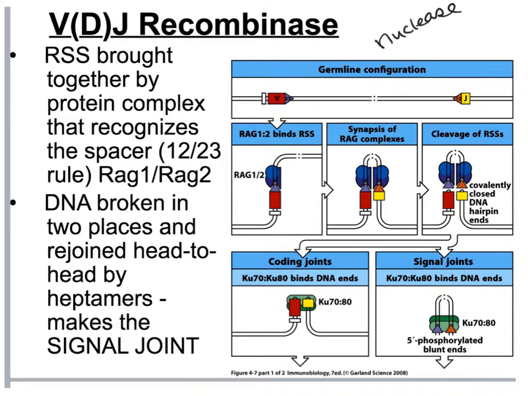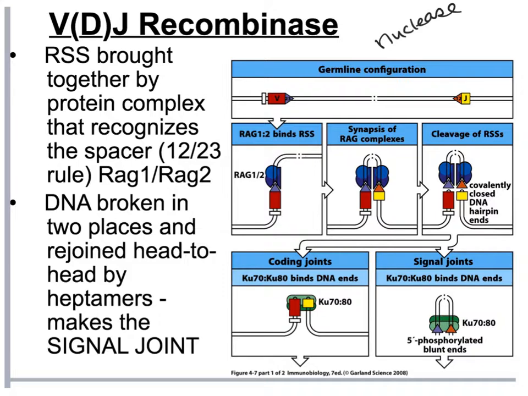What they do is they come in and hold together these two strands: the two strands that are going to make up the signal joint and the two strands that are going to make up the coding joints. They're called coding joints because they're going to flip together and make the protein. So the Ku proteins are basically holding things together. Why do you have to hold things together?